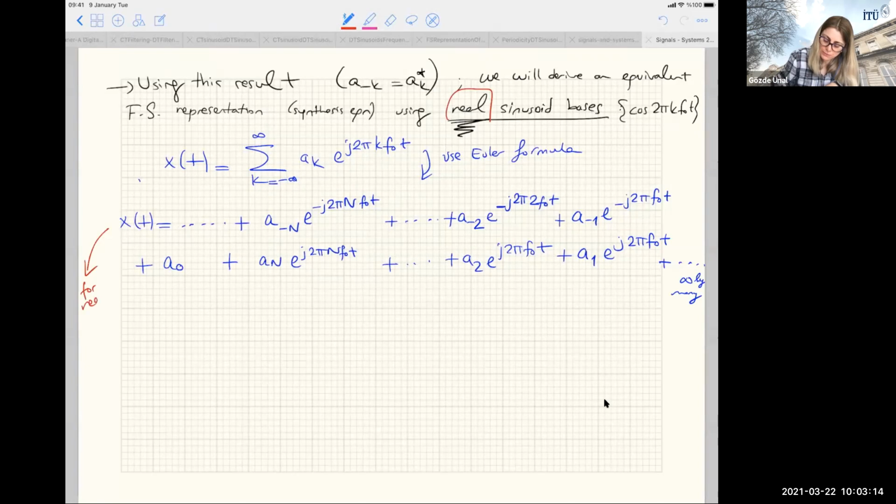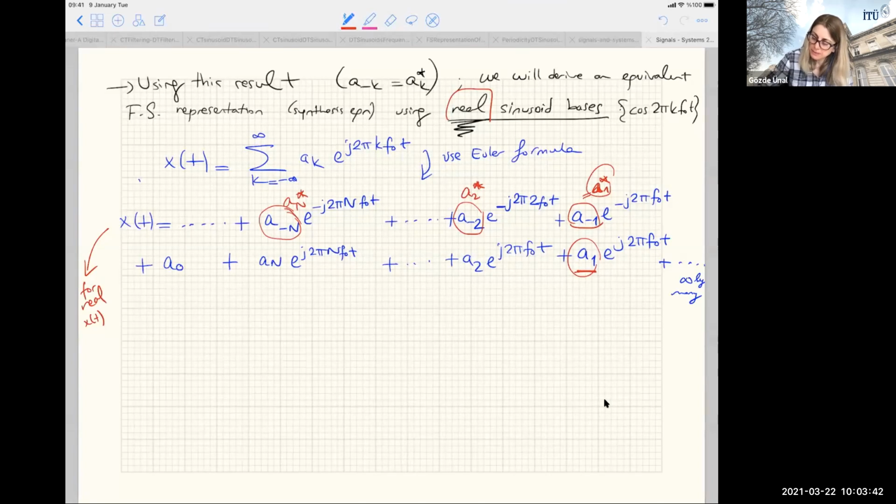For real x of t, what we know is that a minus 1 is equal to a1 conjugate, a minus 2 is a2 conjugate, and a minus n is a sub n conjugate. That is great because then we combine these a1 and a1 conjugate together.